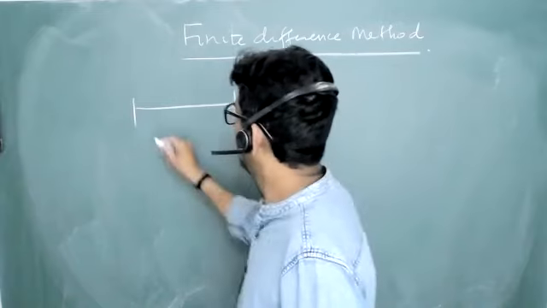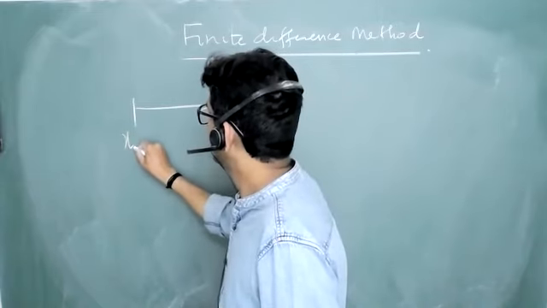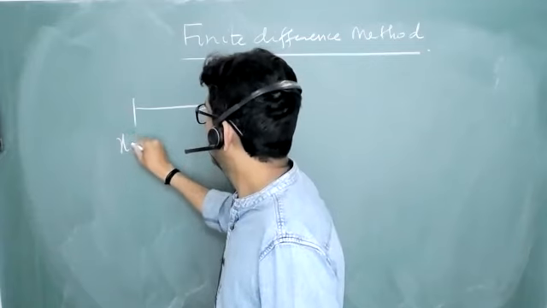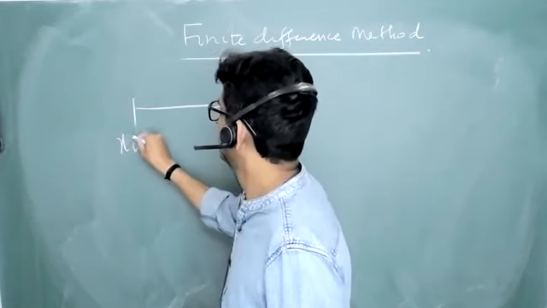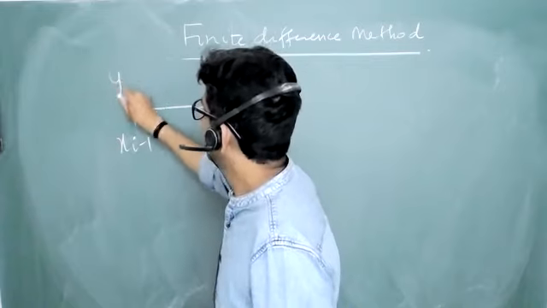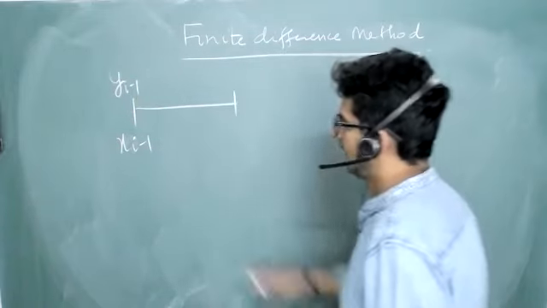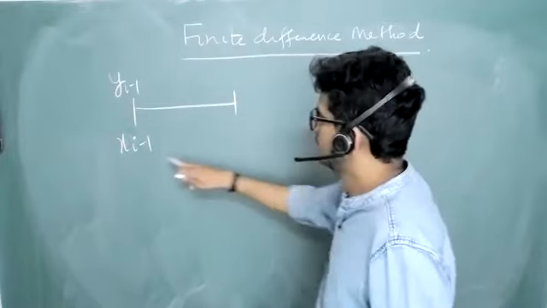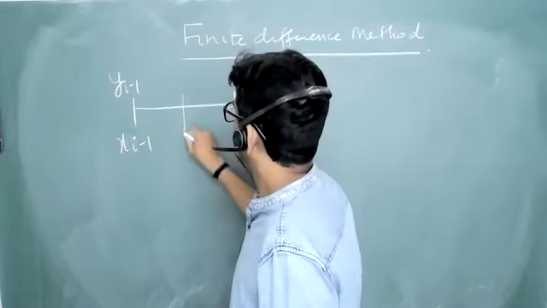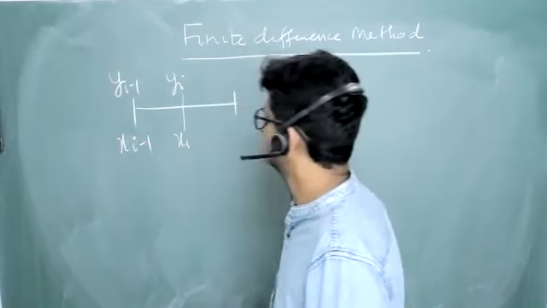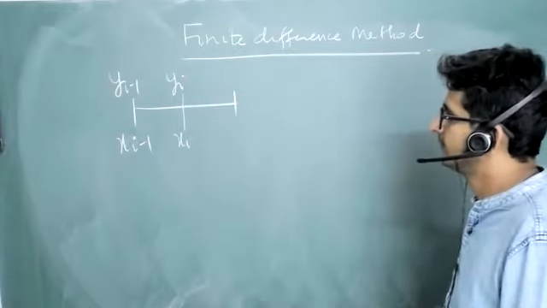Suppose you have some xi minus 1 value, and you have the value yi minus 1 for that. A grid is running, so this is some value, and here it is xi and yi, for some ith value.